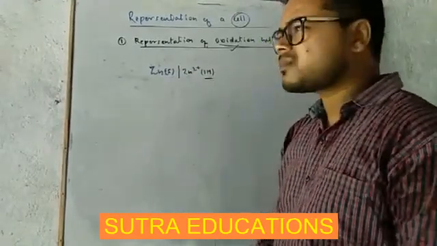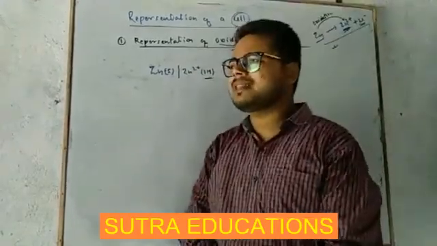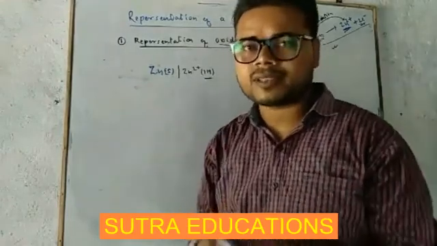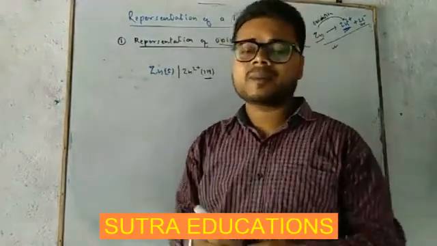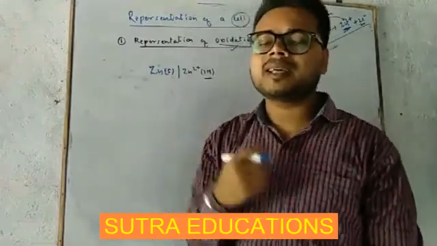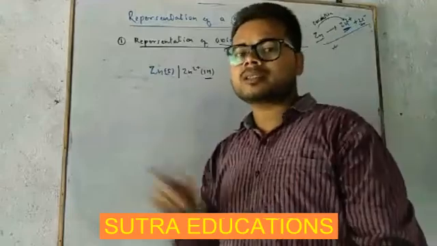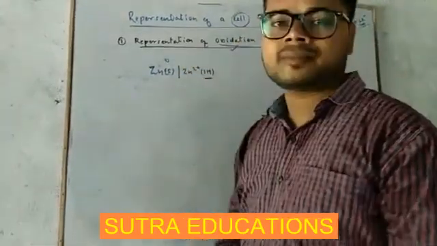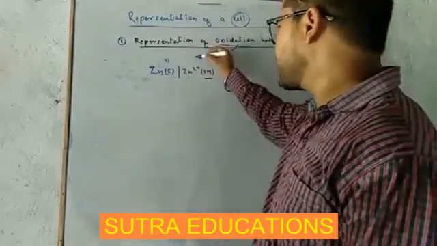Now, one easy trick to understand if it is oxidizing or reducing. If charge is increasing, then you have to understand oxidation is taking place. For example, here charge on zinc is 0, but here charge is 2 plus.